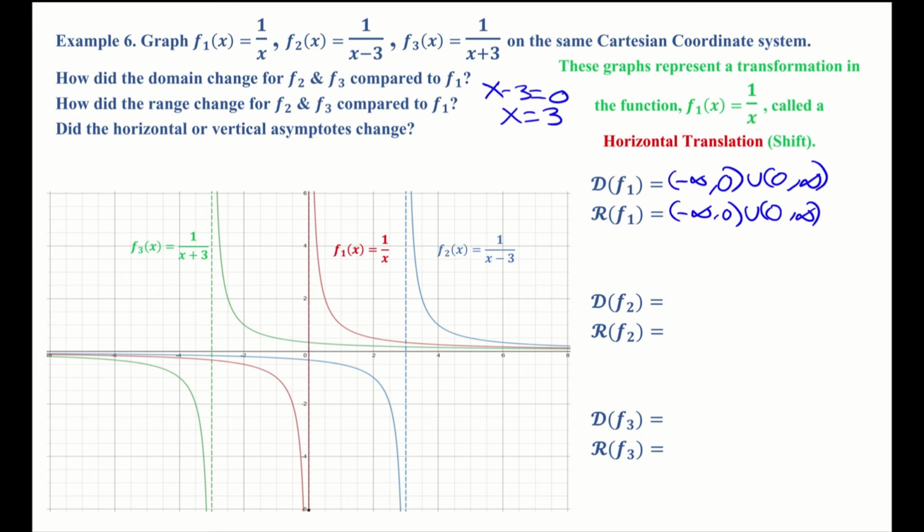But for f2, the blue graph, we know that the domain is going to change. We're going to have negative infinity to 3 union 3 to infinity.